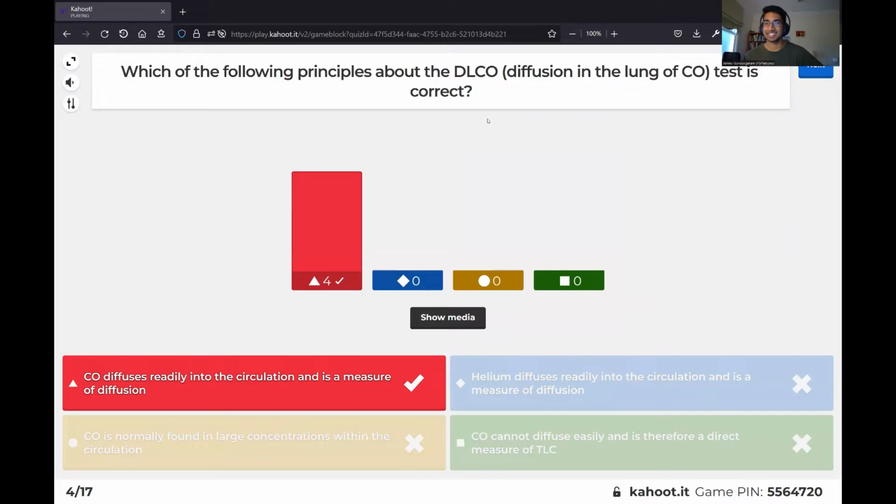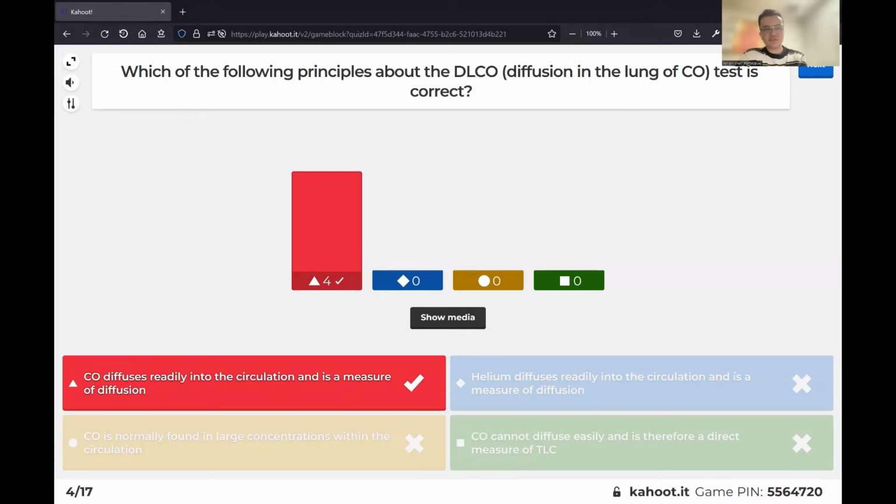Very nice. Okay, wonderful. I don't think there's much to explain here then, but the main thing is that carbon monoxide does diffuse quite well. And I guess the way you can remember that is people can get carbon monoxide poisoning. So it obviously has to diffuse into the blood at some point. And it's not generally going to be in the bloodstream.